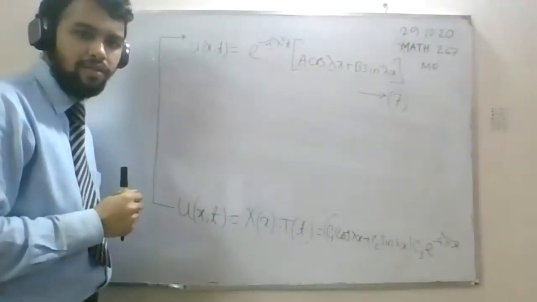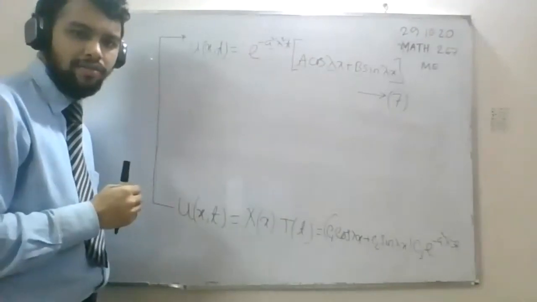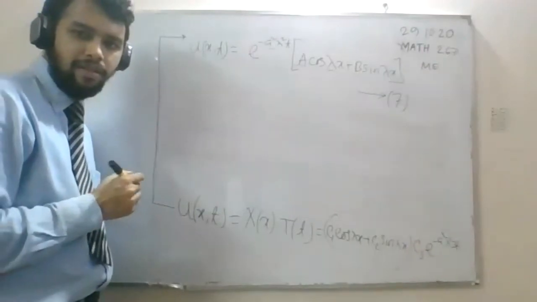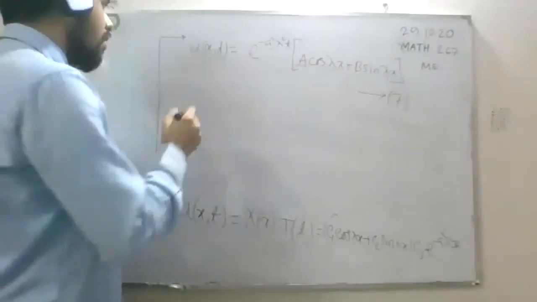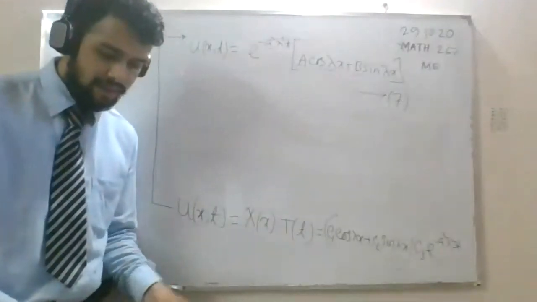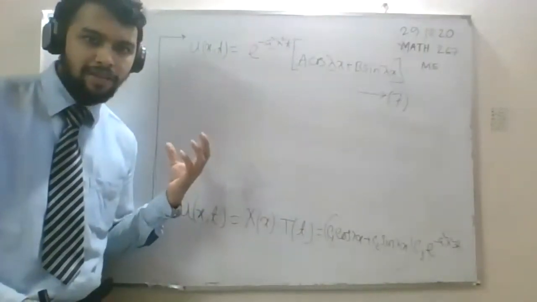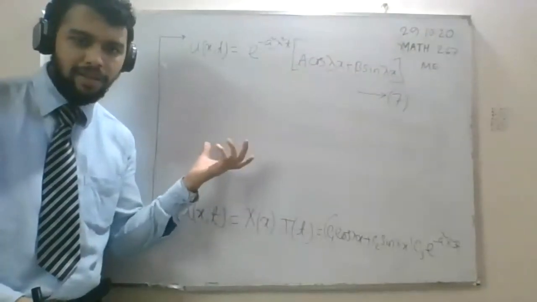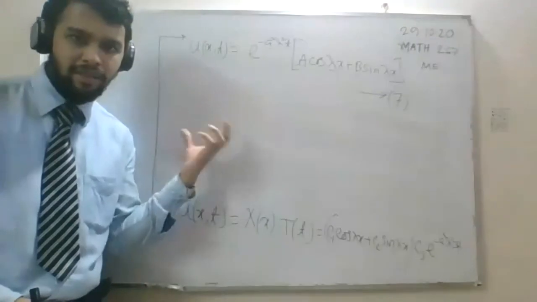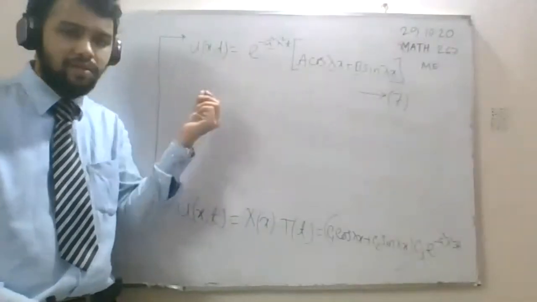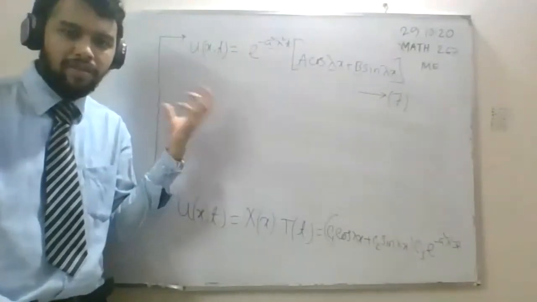Okay, so your given problem already has some conditions, known as boundary conditions. You were given the boundary and initial conditions here. So you have to find the values of these constant terms by using those conditions.